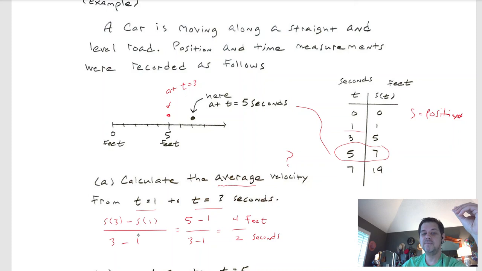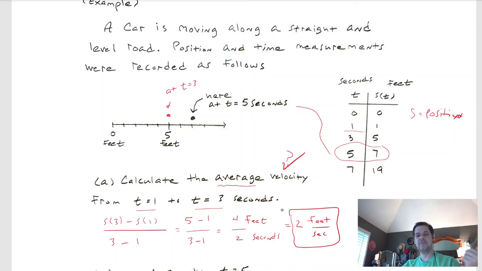And this bottom number measures, as it turns out, how much time has passed. So the units are feet per second. Feet over seconds, feet per second. So my number is 4 over 2. Well, that's 2. And my units are feet per second. Okay, so maybe now you see why we use the word velocity. Because velocity, you might think before we started that, well, that's how fast something is going.